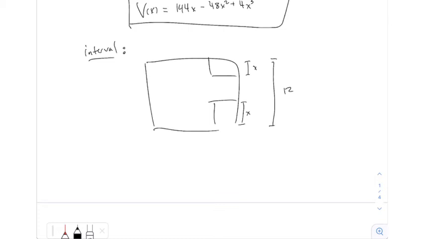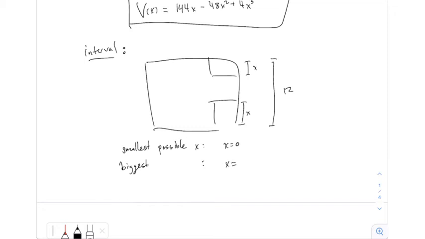This obviously would not make any volume in the box, but in theory you could choose x to be 0. It doesn't make any sense at all for x to be negative. So I would say the smallest possible x would be x equals 0. And how about the biggest? Yeah, 6.